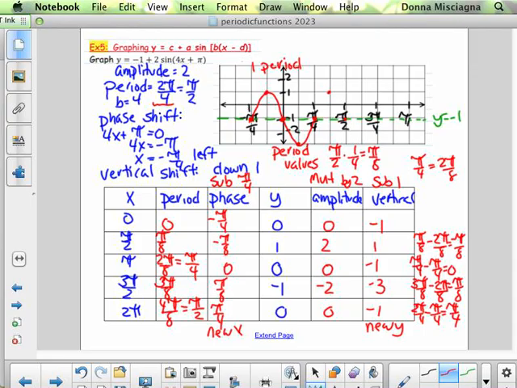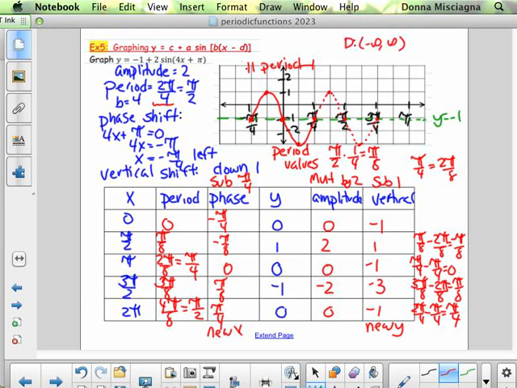Then it goes down to the minimum, and then back to the midline. That would be a second period. So this right here is 1 period. And then you would just follow the pattern to get a second period. But we're focusing on just graphing 1 period.